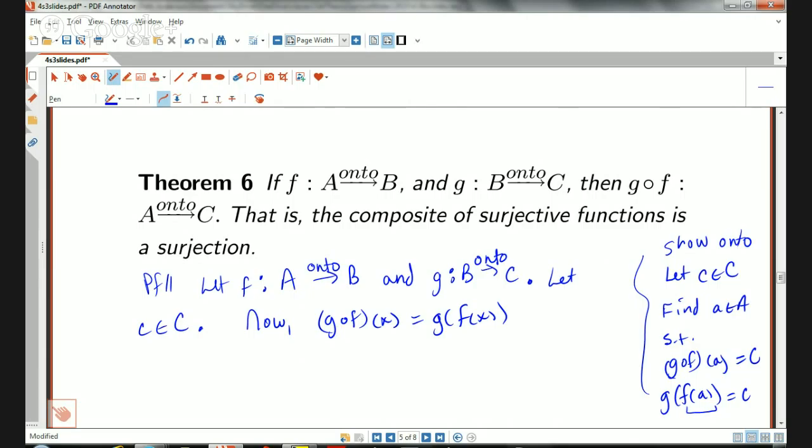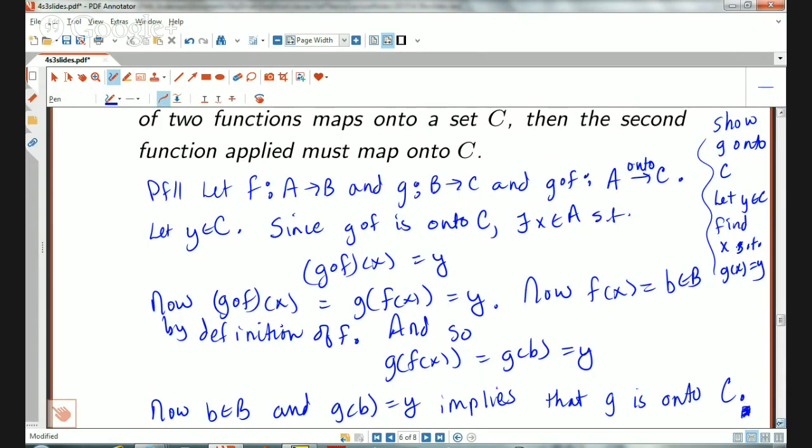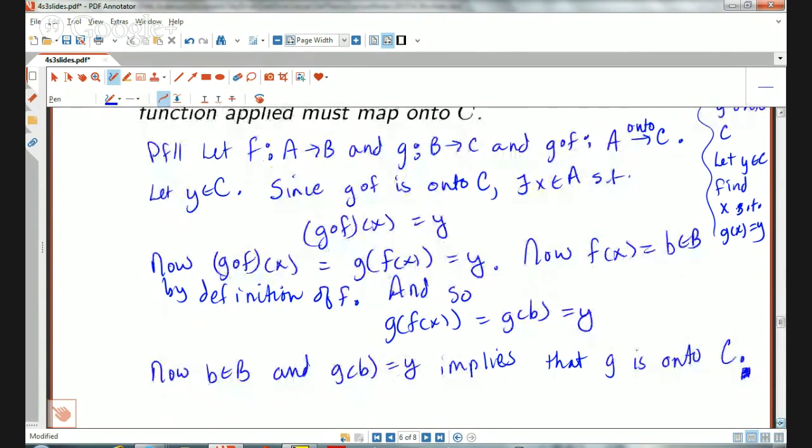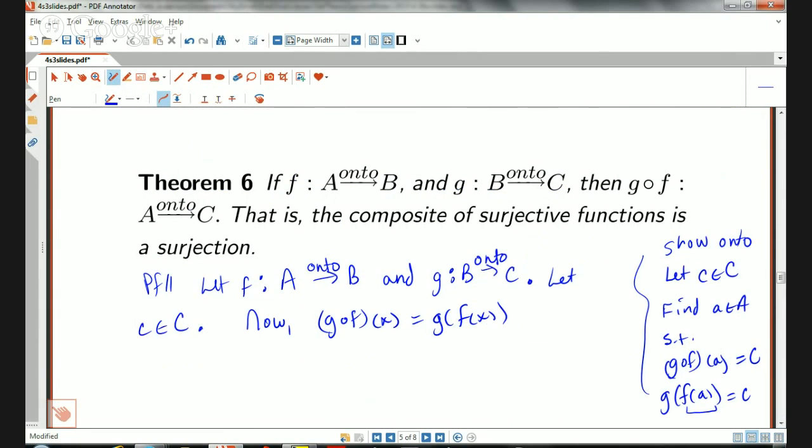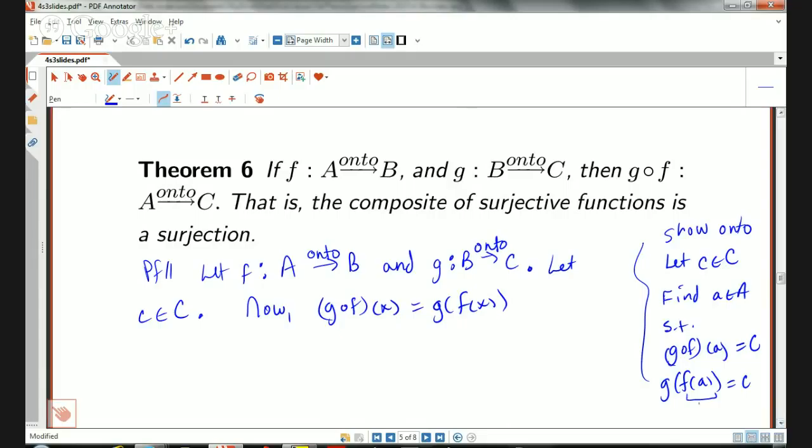Let me scroll it up so you guys can see it a little bit better. Where does F take values? B. So F of A has to be someplace in B, right? And so you have G of something in B has to be equal to C.